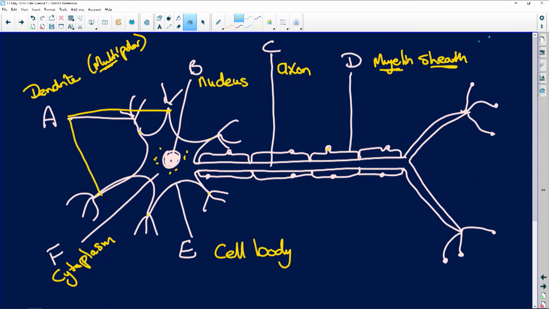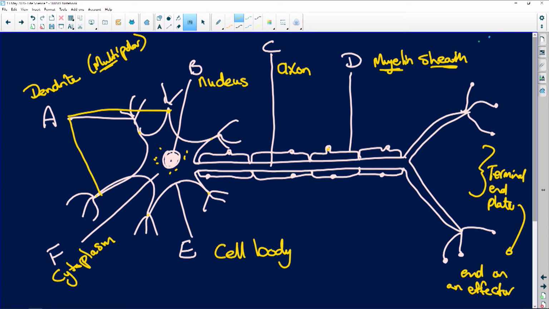What else are we missing here? Oh, these little structures here. So this here would be what we call the terminal end plate, okay? And this terminal end plate will always end on an effector.